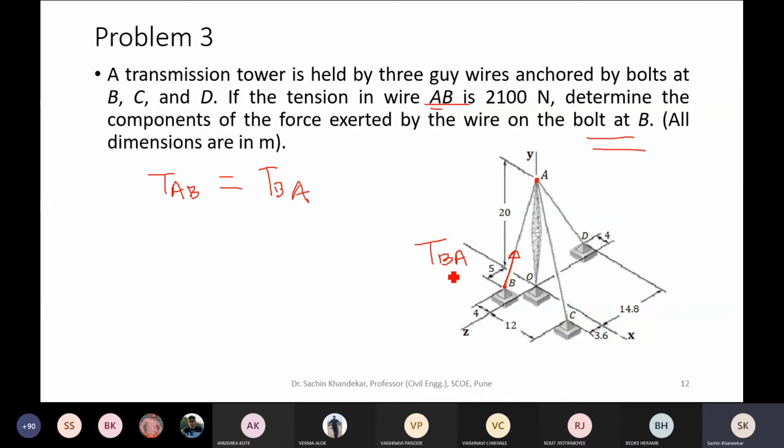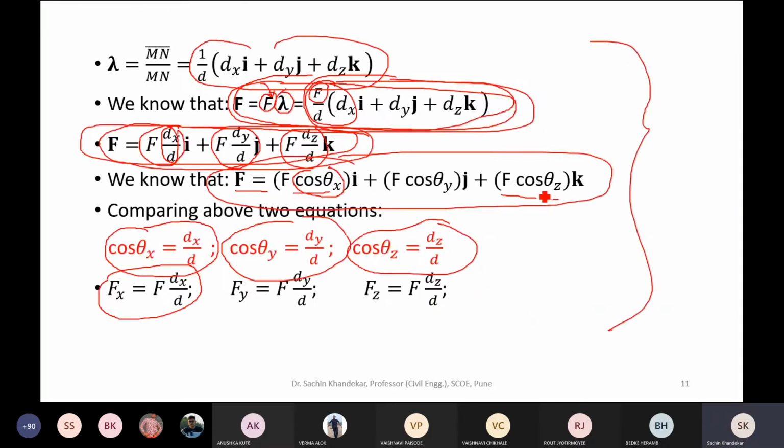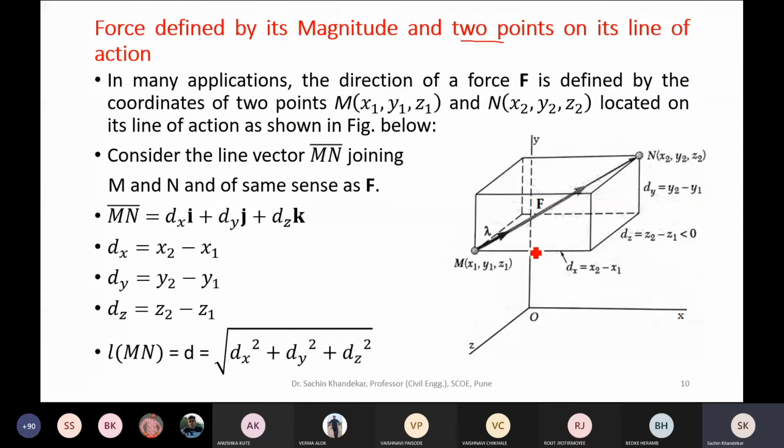Okay, so here B is your first point and A is your second point. Please note that. It's very, very important. So force is acting from B to A. Likewise, what we discussed in the theory, the force was acting from M to N. So M was our first point and N was second point.